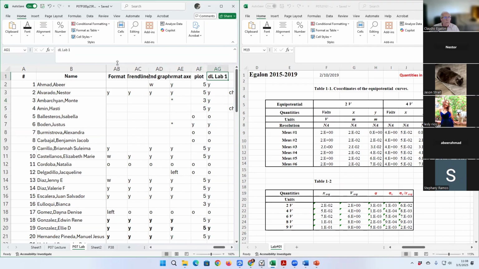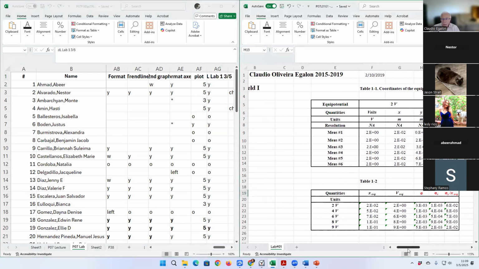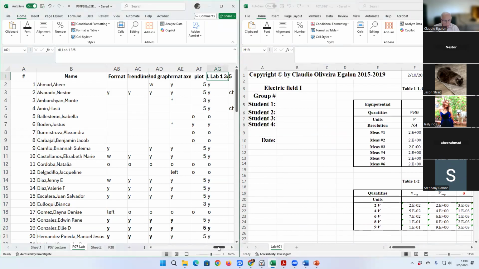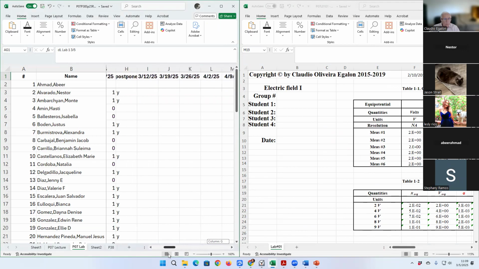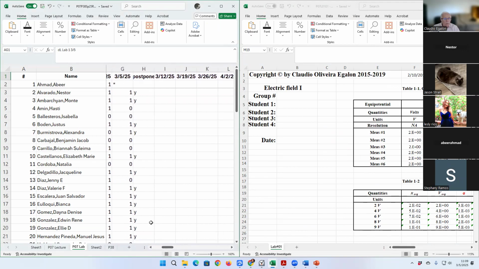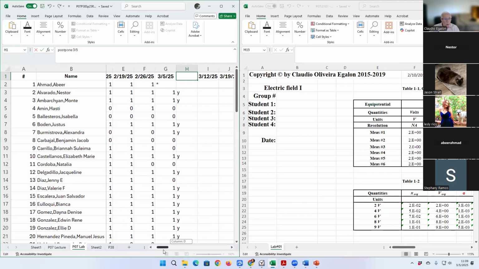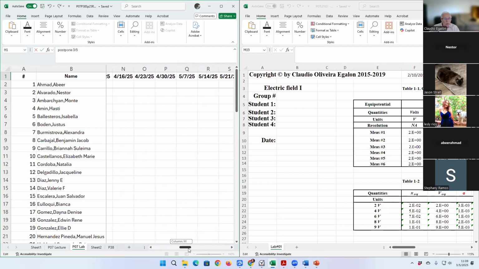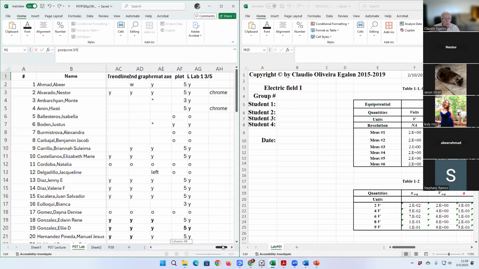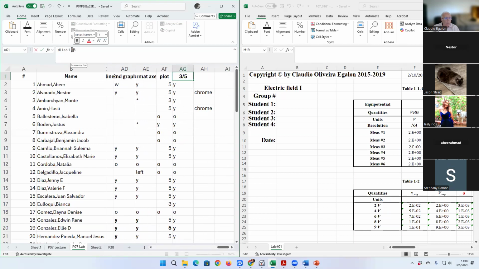Let's see. I need to do something different here. Lab, let's see. That should be 3, 5. Yeah, let me put it this way. Okay, postponement. This one is going to be 3, 5. The other is going to be a week ago, February 26th. Yeah, here you go, February 26th.